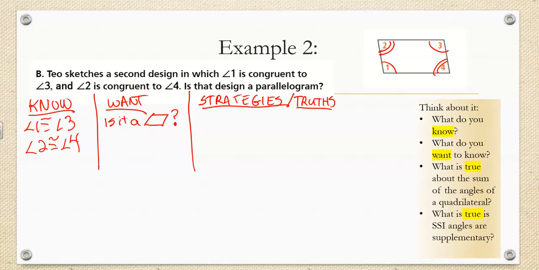This one takes a little bit of thought process to get it all figured out. Here's some things that I know are true. The sum of the angles of a quadrilateral equals 360. We learned that way back, right? 4 sides, 360.